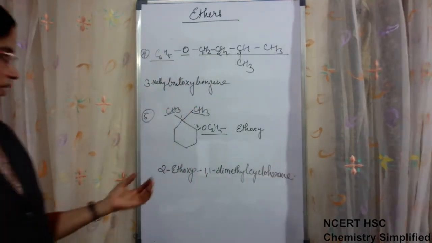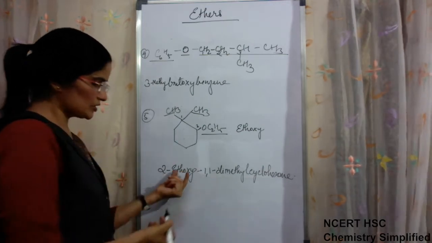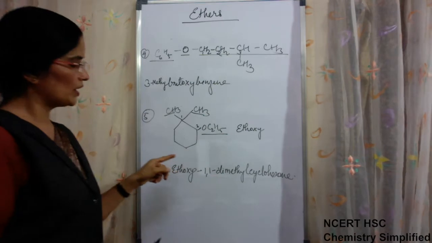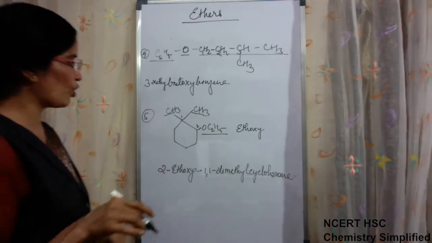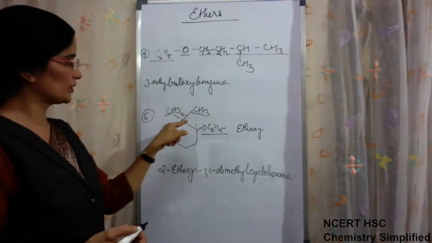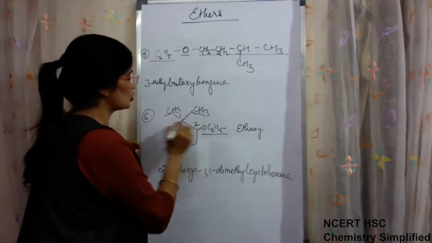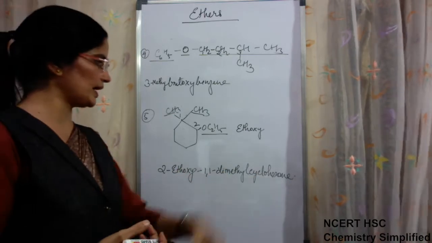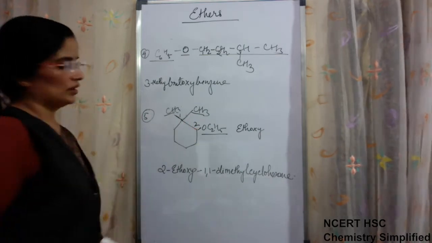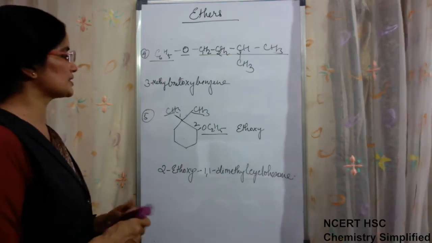Okay, 2-ethoxy, E will come alphabetically before methyl, that is why it is written here. For numbering we have given this number 1, this number 2. Why? Because we have to follow the lowest locant rule also. If we give it 1 and if we give it 2, then it will be 2, 2. Then the total of the locants will become more. That is why it is given here 1 and 2. Okay, so 2-ethoxy, 1,1-dimethyl cyclohexane. Clear? So these are a few examples related to nomenclature of ethers.